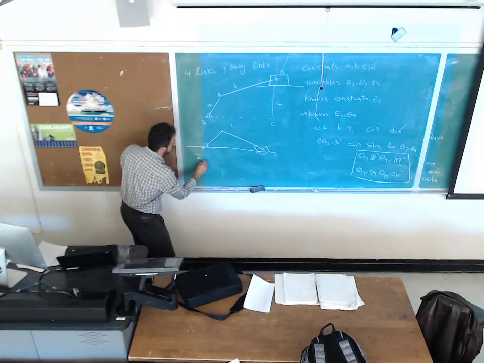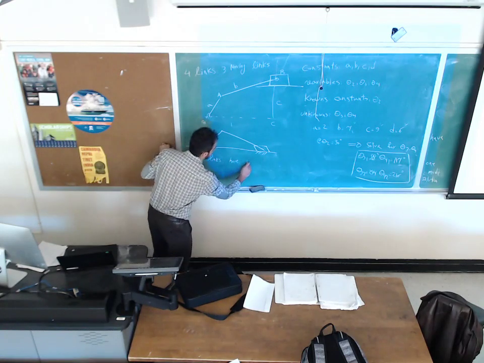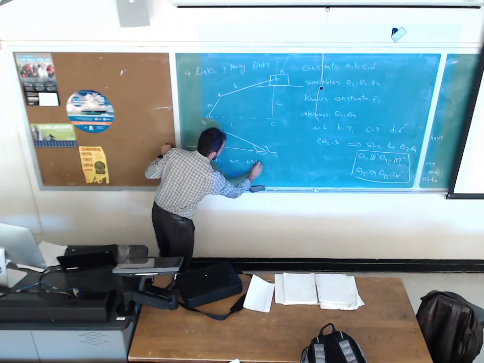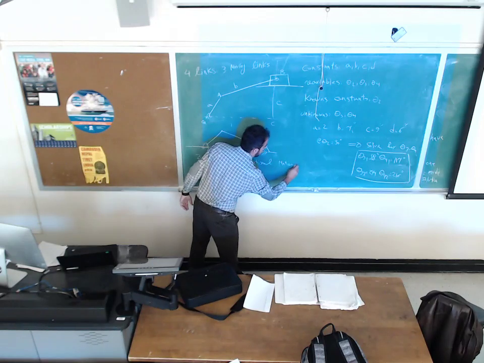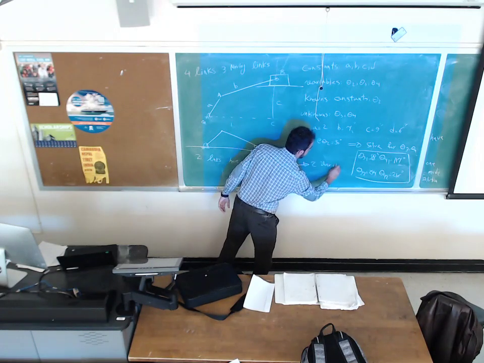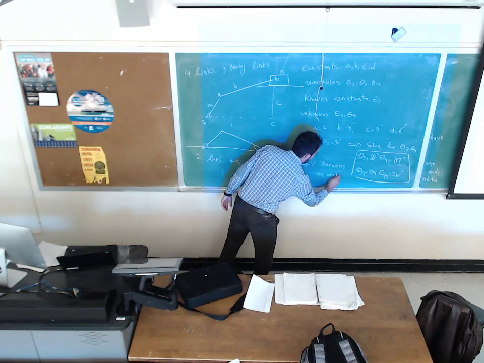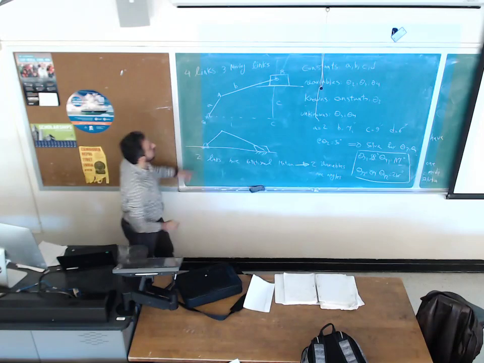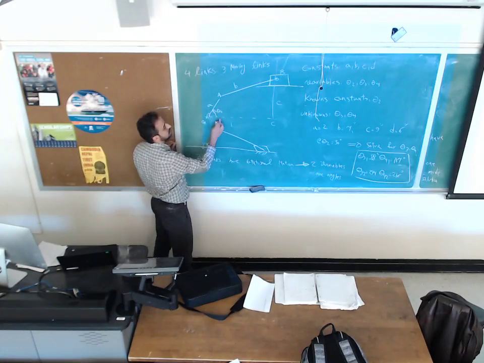Since two links have rotational motion, two variables are angles. Link 2 has the angle of theta 2 from the ground.